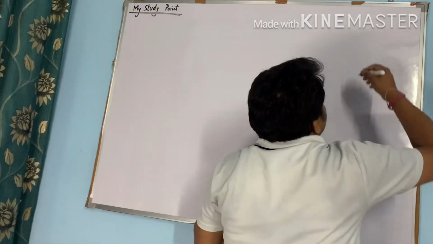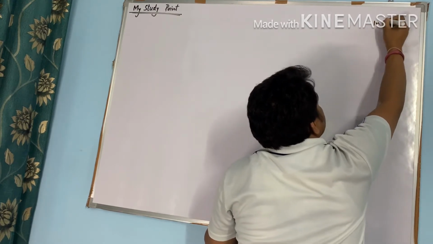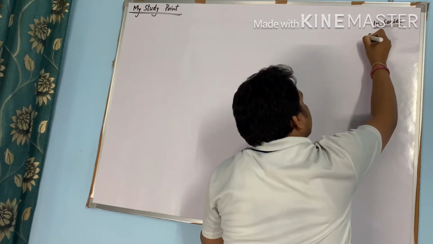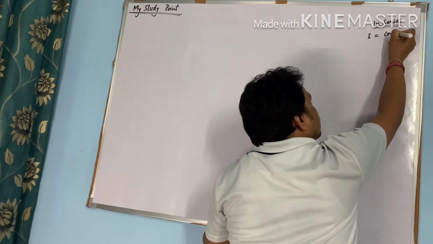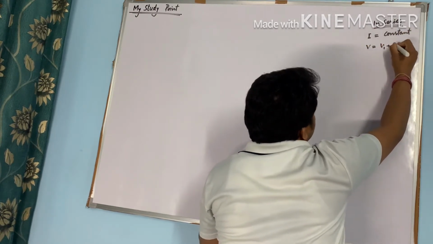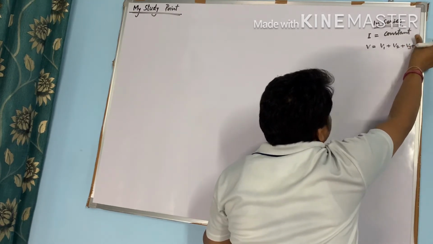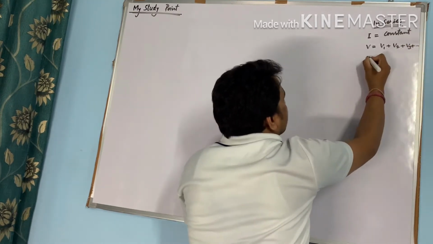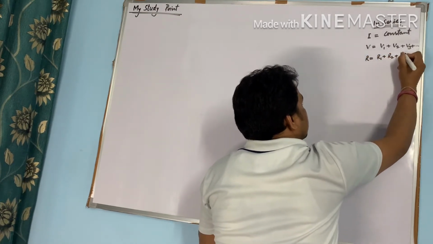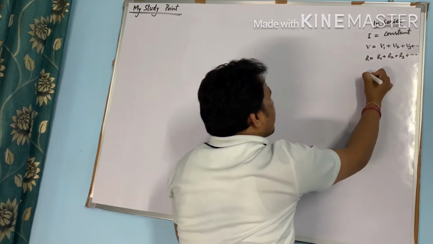So the important formulas are: in series, I is constant, V is V1 plus V2 plus V3 and so on, and R is equal to R1 plus R2 plus R3 and so on.